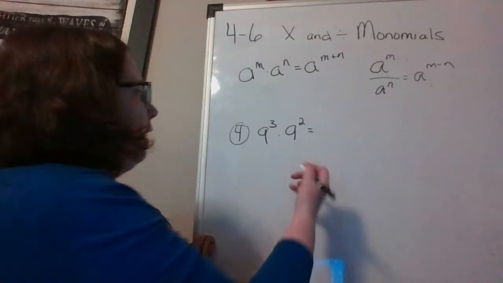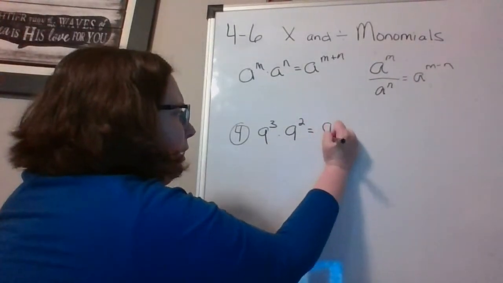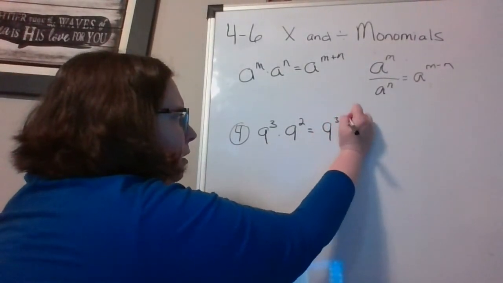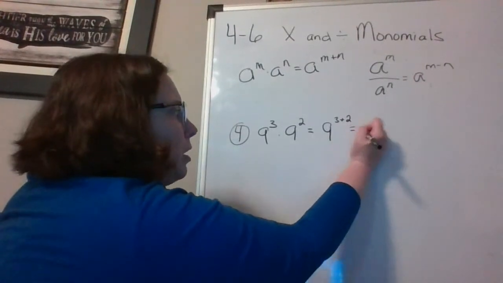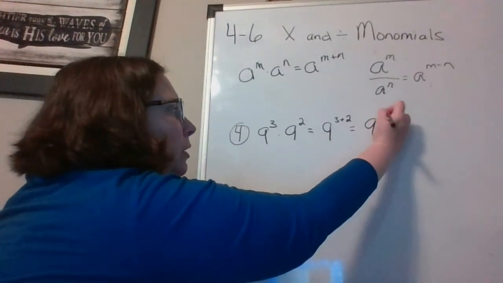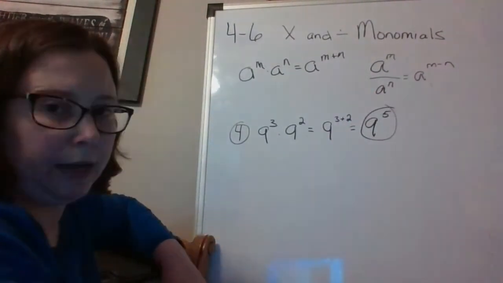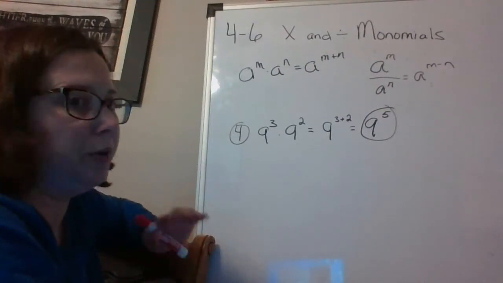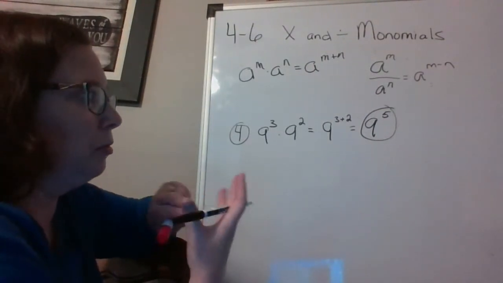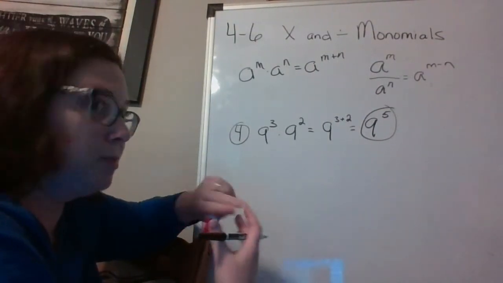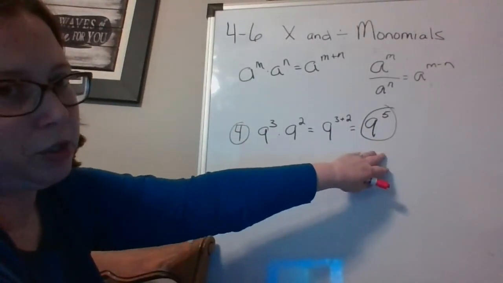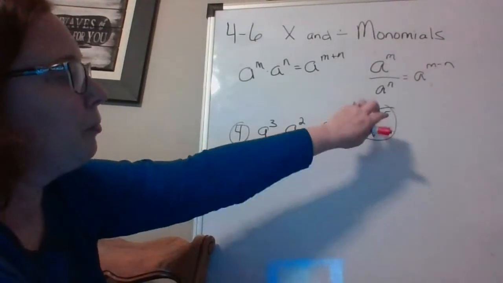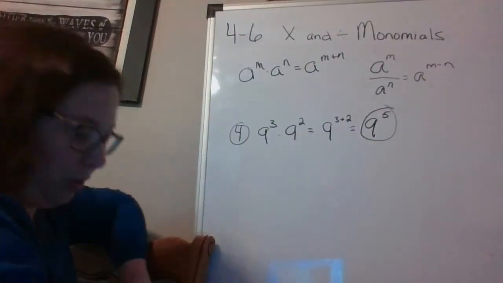So you guys will like that. All we're doing here is saying we have the same base, so we're going to add our two exponents. So your final answer here is 9 to the 5th power. You do not then have to say, what's 9 times 9 times 9 times 9 times 9? You don't need to do that. All you need to do is express your answer in exponential form, which is 9 to the 5th power.